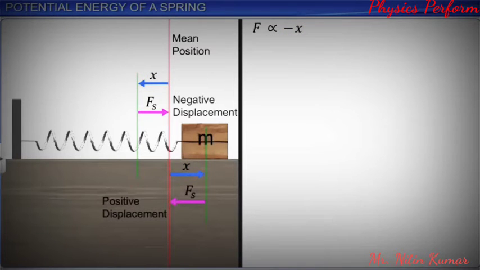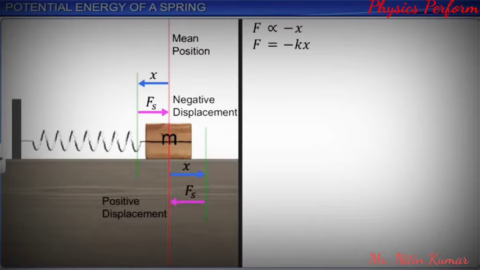Or spring force F is equal to minus kx, where k is the spring constant. Let this be equation 1. In equation 1, F is equal to minus kx, which represents the force law for the spring known as Hooke's law.